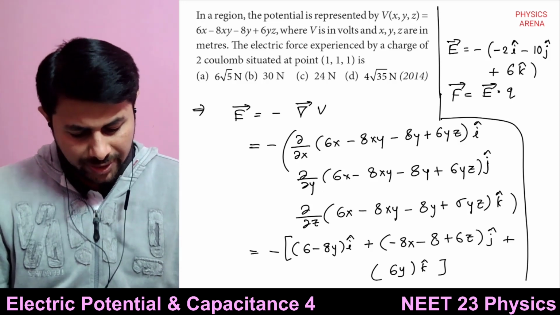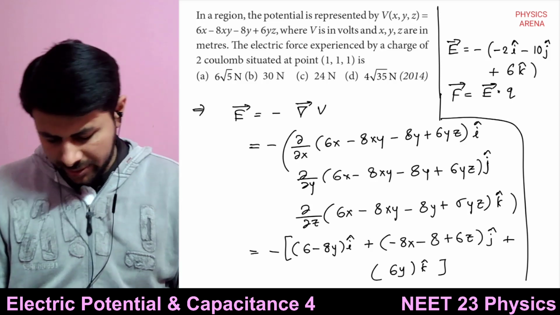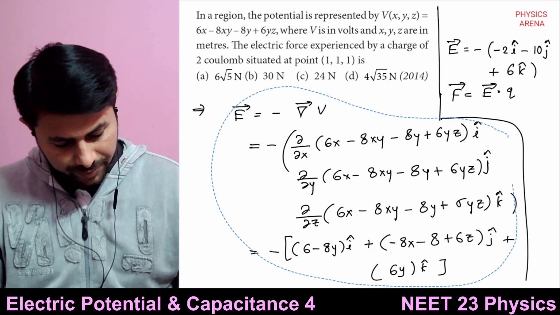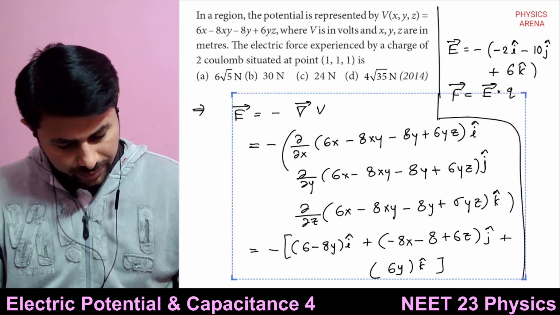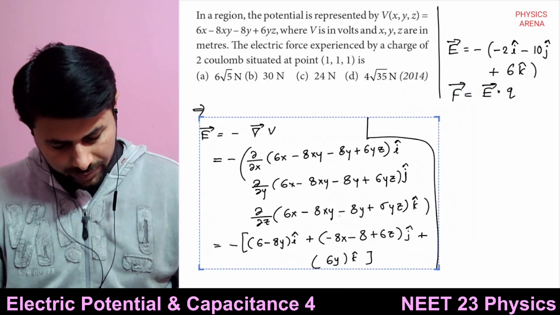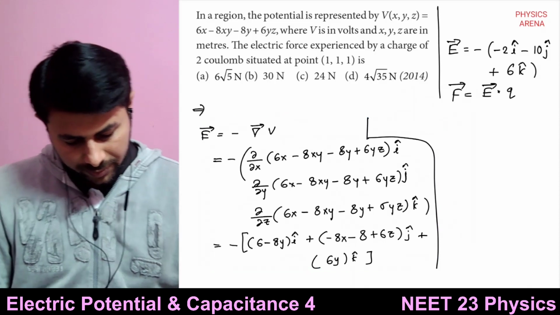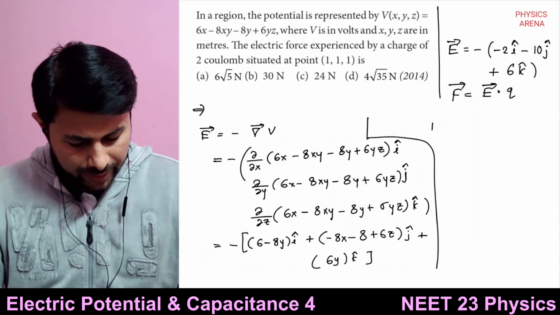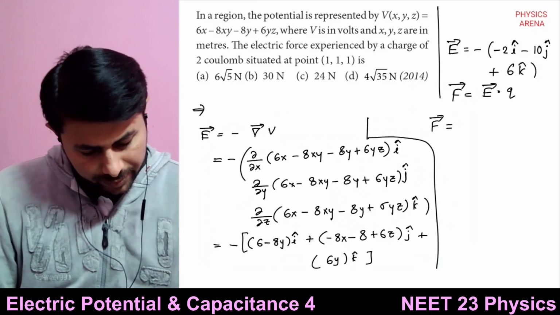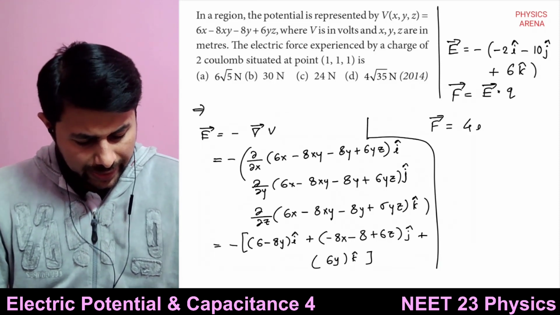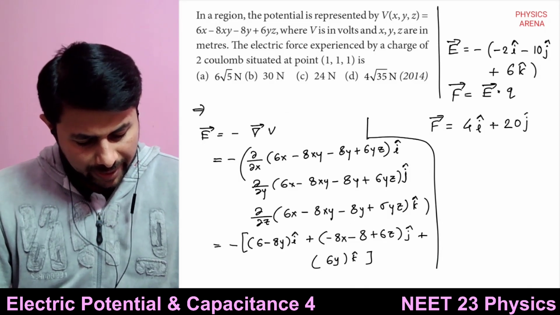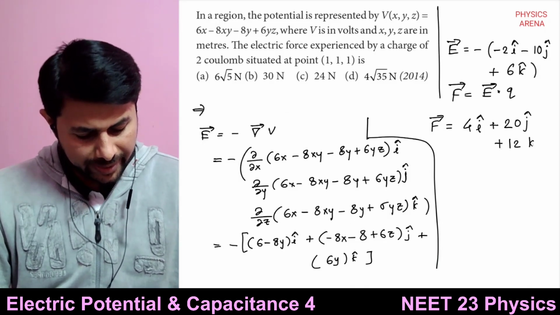And we want its magnitude. So F bar is equal to 4 i cap plus 20 j cap plus 12 k cap.